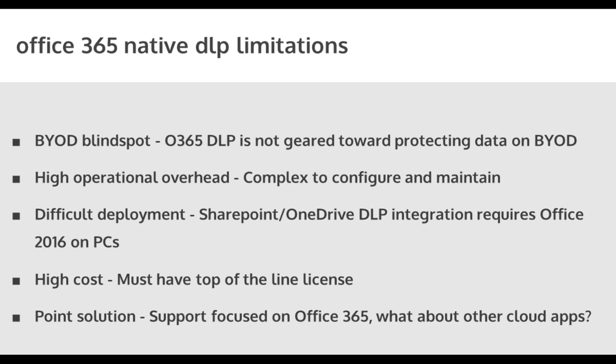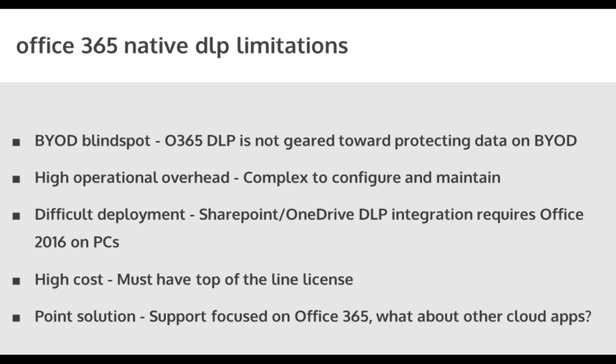But the big blind spot ends up being your BYOD, where people are just logging into SharePoint, for example, and downloading a file, or logging into Outlook Web Access and downloading an attachment. Applying DLP to those functions ends up being a blind spot for Office 365, which is covered by CASBs. There's also a cost factor, where even to get the outbound DLP, you have to up the licensing costs in Office 365.